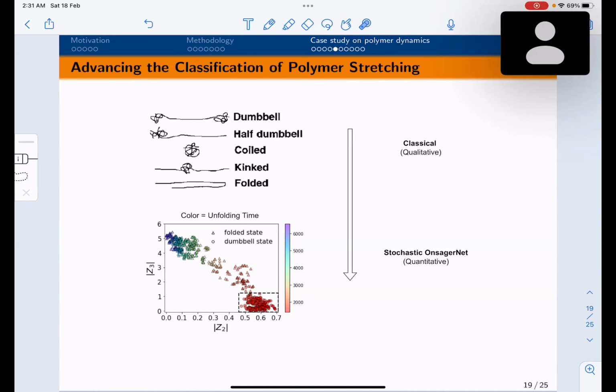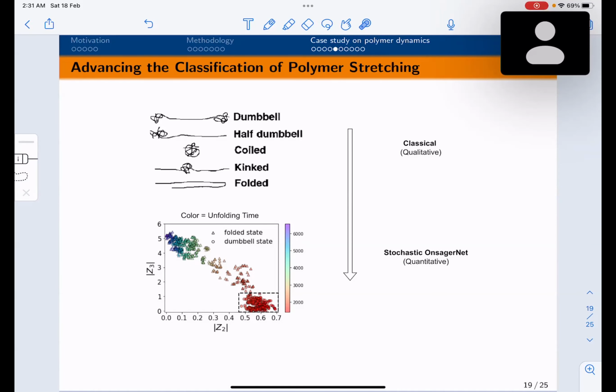So it can tell us why the polymer stretches very slow or fast. Because if the polymer is at the saddle points, it will stretch very slowly. And if the polymer escapes from this saddle point, it will extend very fast.